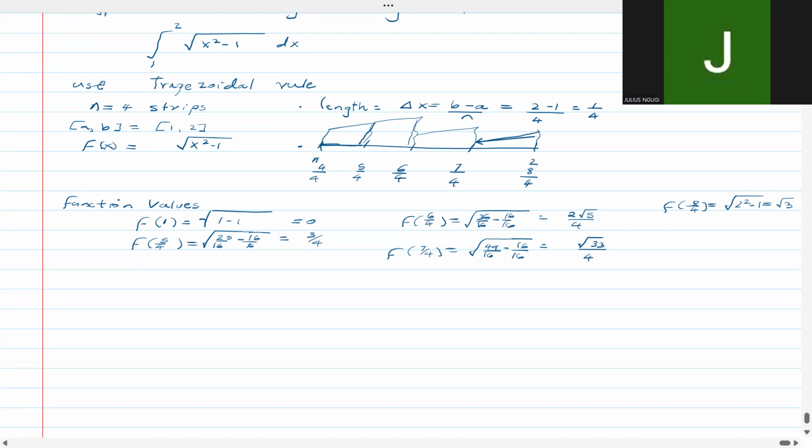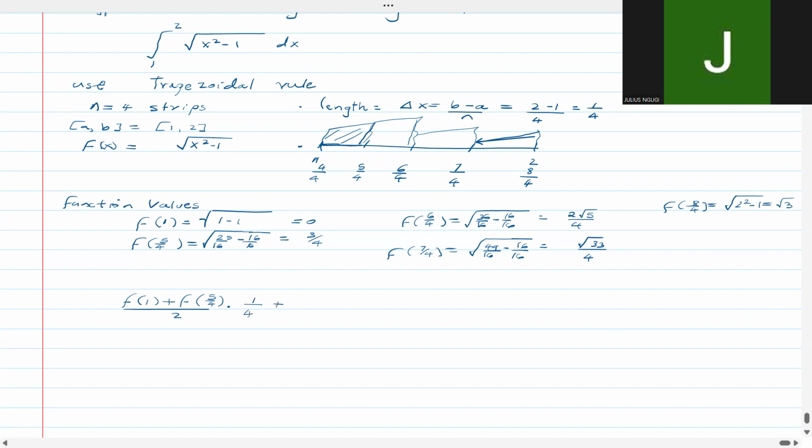So if I was to find the area enclosed by the first trapezium, that is f at 1 plus f at 5 over 4, divided by 2. That's the 2 parallel sides, times the height. This height is 1/4.